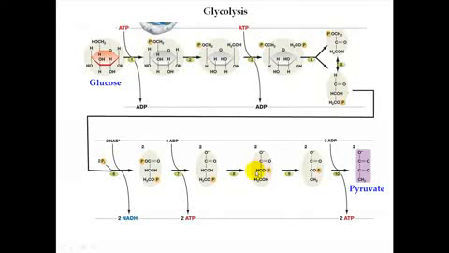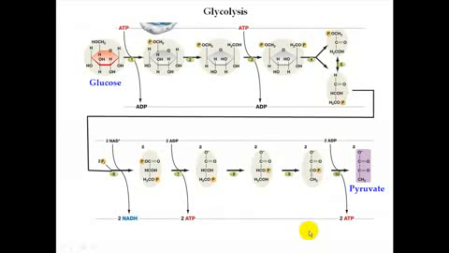That's one rearrangement, and then another rearrangement happens in this step where you see a double bond form here, where it was not seen here. What these rearrangements do is destabilize that phosphate to make it easier for it to come off in order to be added to an ADP to make ATP.